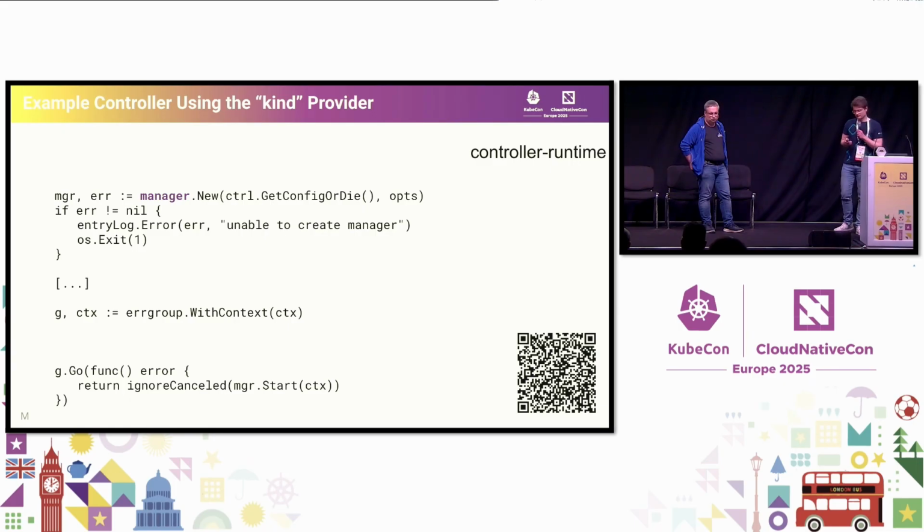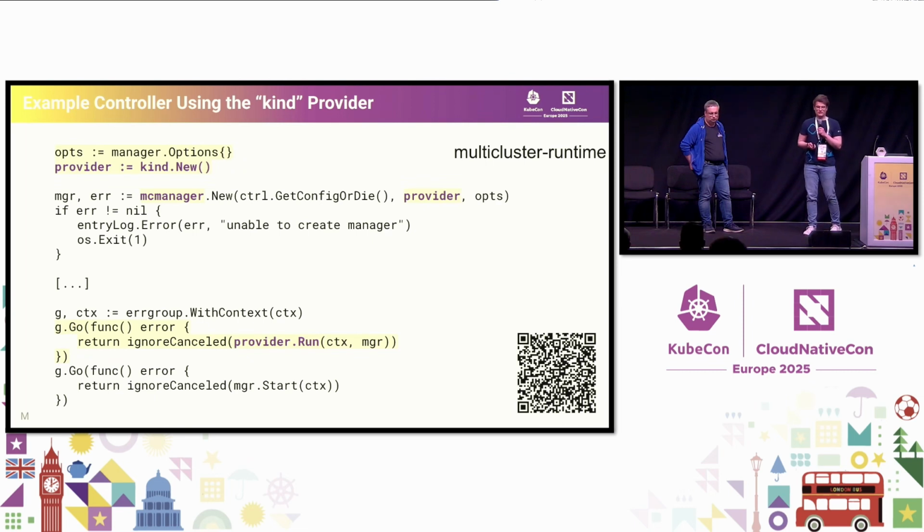So far, so good. With multi-cluster runtime, we have a couple of additions, but they are not too big. The first thing that you want to look at is the provider. We instantiate a provider, and in this case, we're using the kind provider, which is one of the examples that we've built already. Then you create a multi-cluster manager here, which is what Stefan already mentioned earlier.